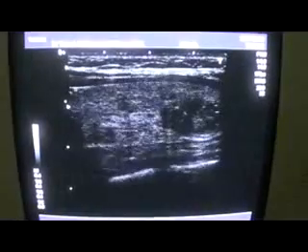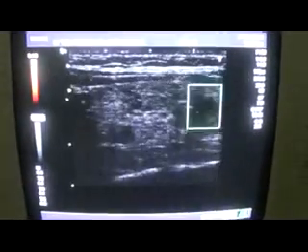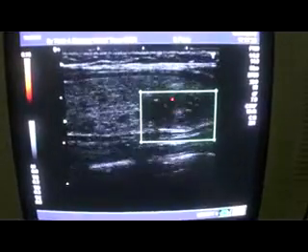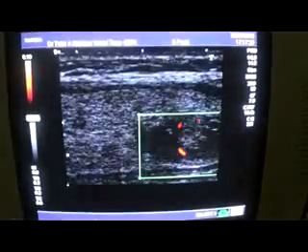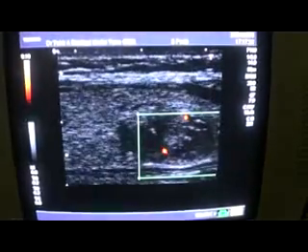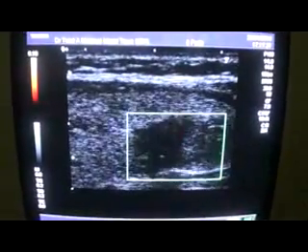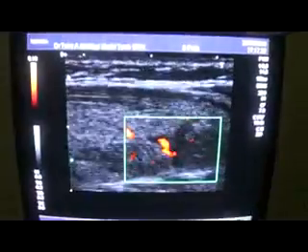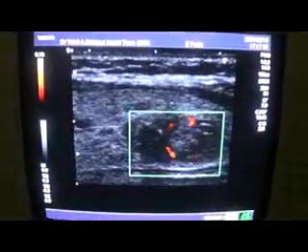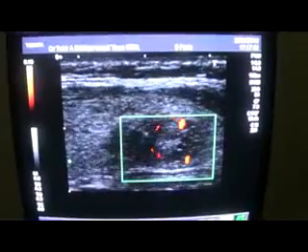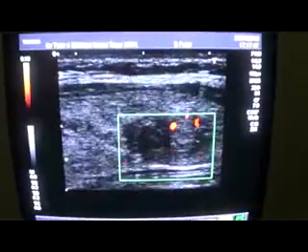What about the vascularity? It is vascular. See.